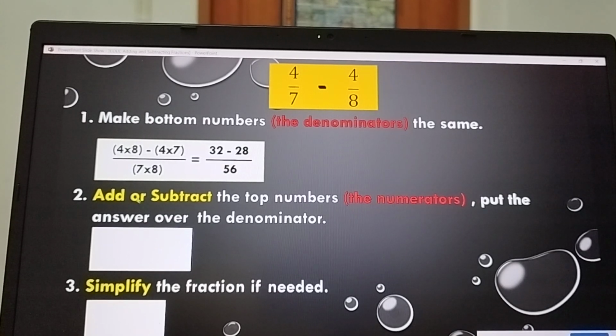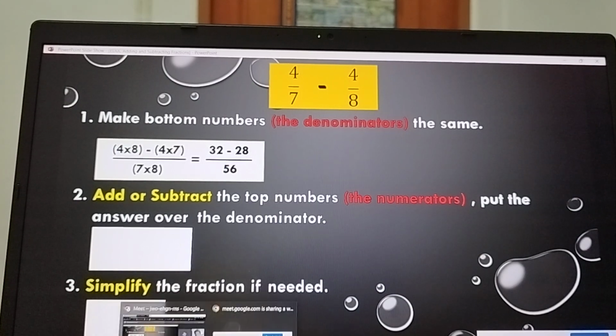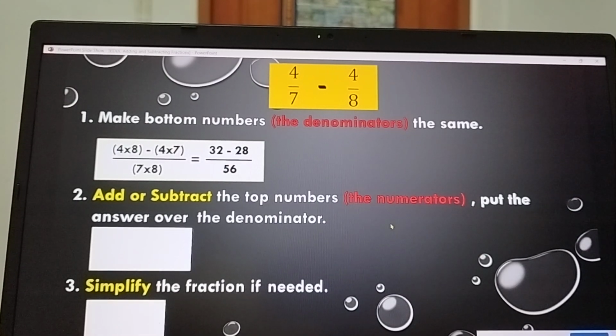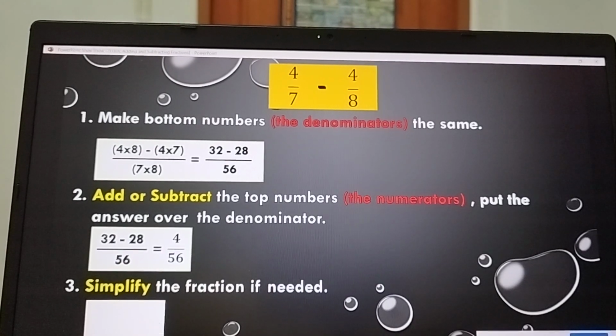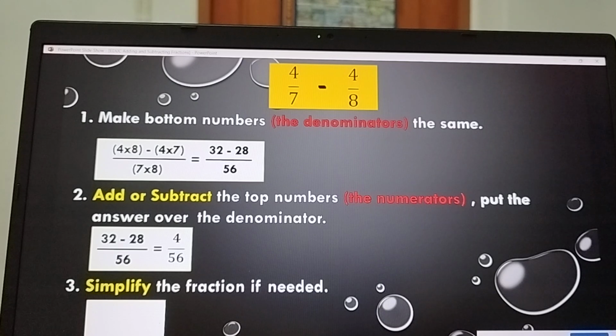Okay, very good. Step 2, subtract the numerators. 32 minus 28, Taratip? Is equal to 4. Okay, so it's now 4 over 56. Can you simplify 4 over 56? Yes or no? Yes.